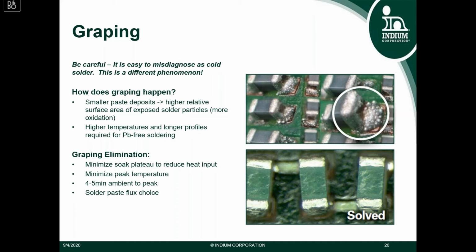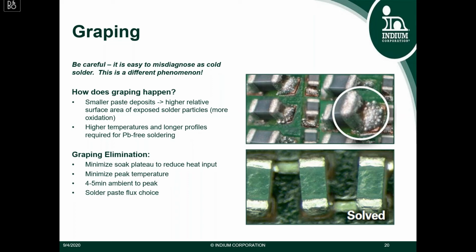And I would just like to note that in many instances where I troubleshoot graping issues for my customers, it is often mistaken for what is called cold solder, where cold solder is when you are not reflowing the solder at a hot enough temperature and the particles do not melt, but rather they oxidize and do not coalesce.